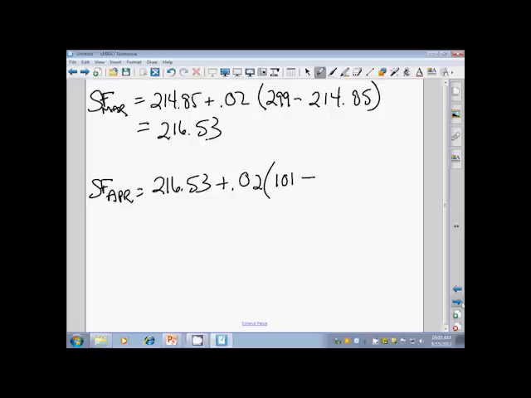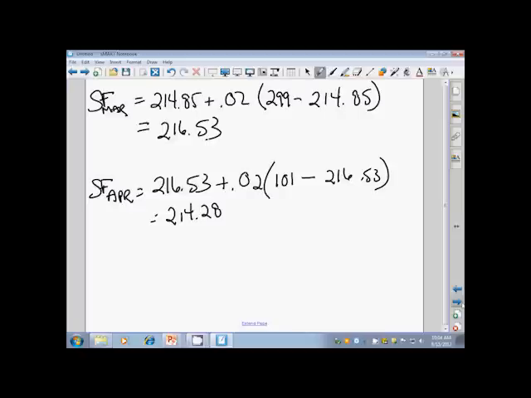Subtract from that the smooth forecast for March, which was 216.53. Again, if you work this backwards on your calculator, 101 minus 216.53 multiplied by 0.02, our alpha, plus the smooth forecast from March, 216.53, we end up with 214.28, I believe, as our smooth forecast for April.